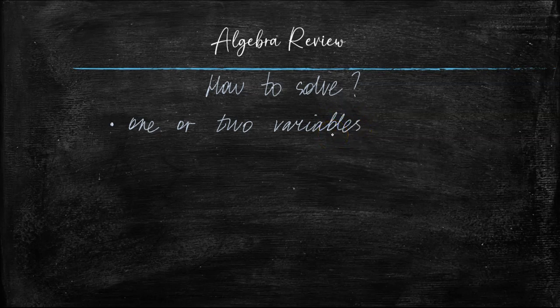Yes, there are equations that have three and more variables, but you're probably not going to be able to solve them by hand, or this is not something that you learned in a standard algebra course. So it depends on the number of variables, one or two, and it also depends on the type of the equation.